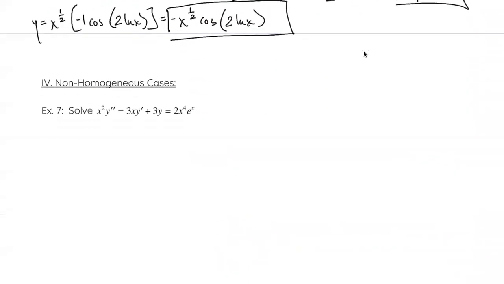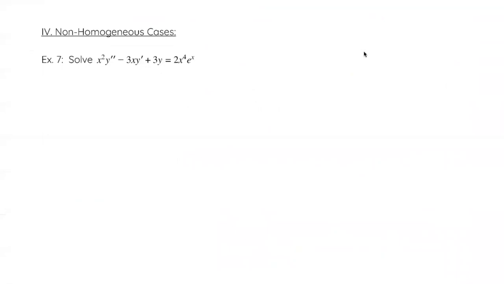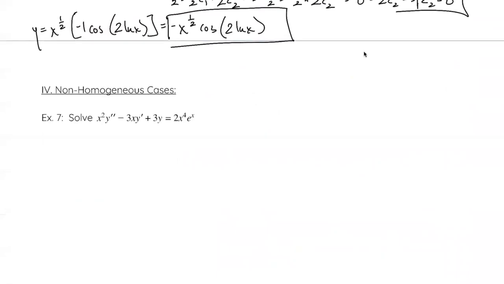All right, so for this non-homogeneous case, I'm going to leave this here as sort of a challenge level question. Okay, and so I'm going to give us a skeleton of how we can solve this.